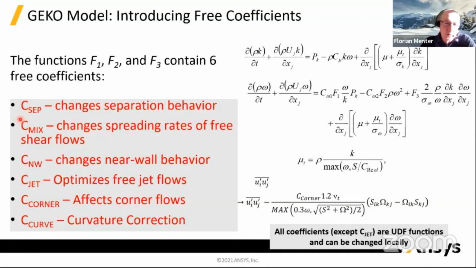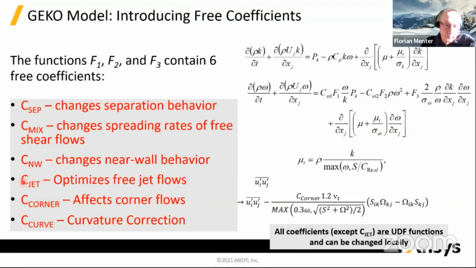The coefficients of main interest are CSEP, which controls the separation characteristics. So if we increase it, we get more separation, and if we decrease it, we get less. We have a mixing coefficient, which affects the mixing in free shear flows, for example, mixing layers or combustion chambers or other free shear flows. We have a near wall coefficient, which changes, for example, details of heat transfer in non-equilibrium flows.